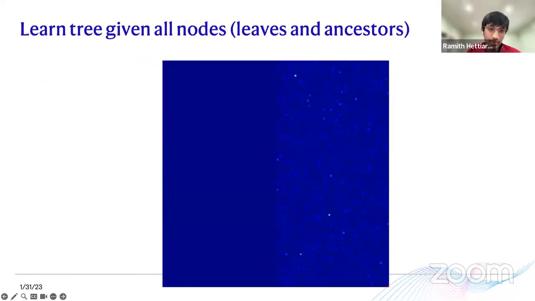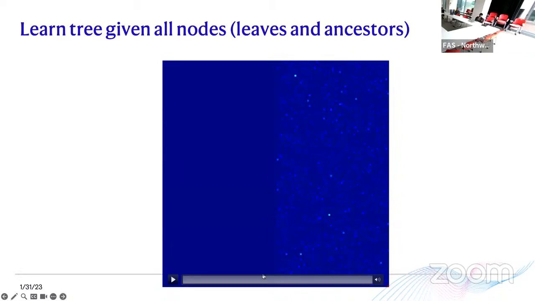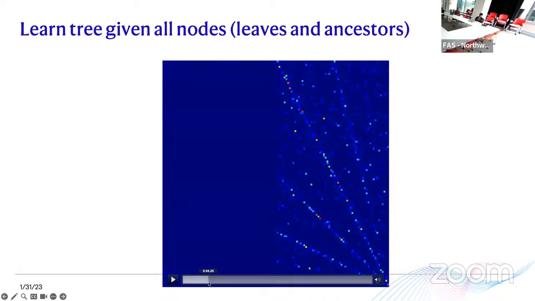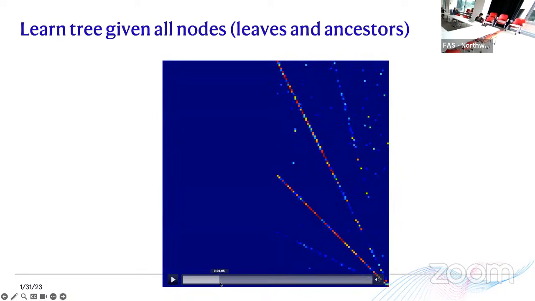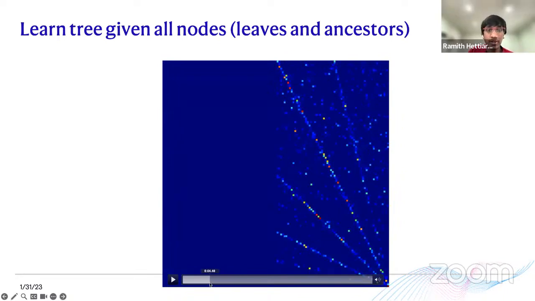All right. So the results you showed, is that a demonstration on some particular example? Yeah, it's a demonstration on one example, where I think there were 64 leaves.